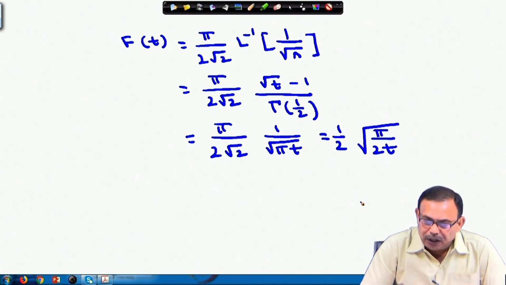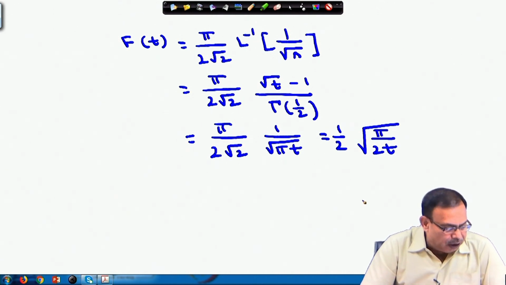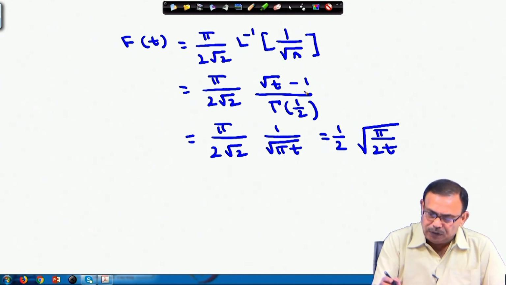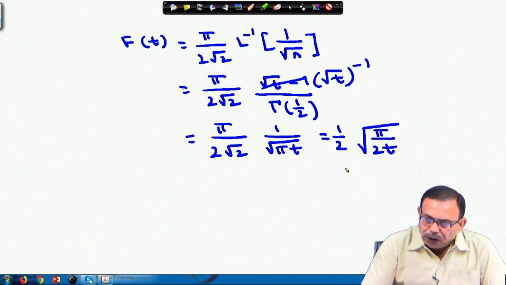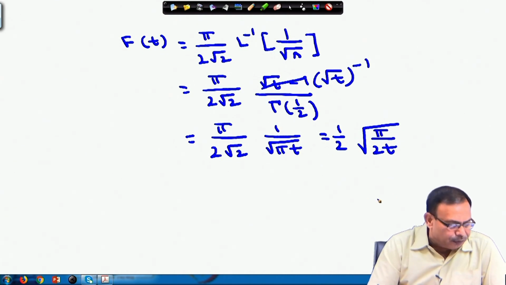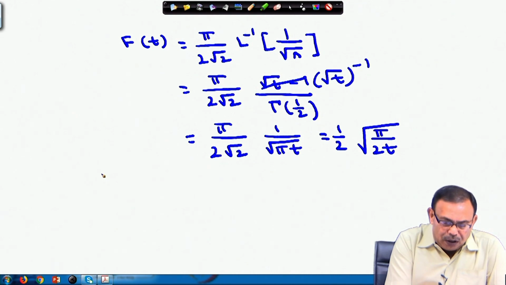Actually, the Laplace inverse is t to the power minus 1 by 2, so it will become 1 by root pi t. Once I am obtaining f(t) equals this, now put t equals 1.